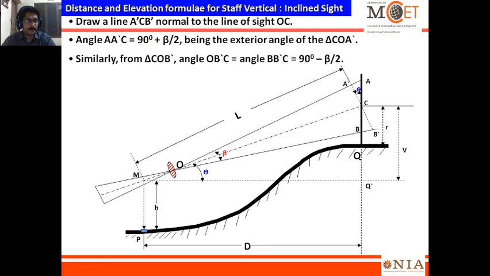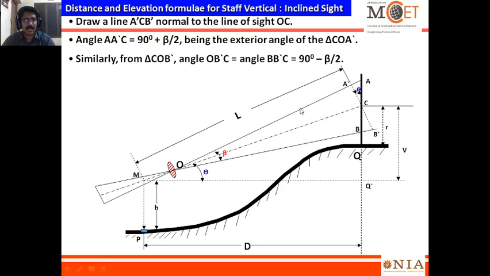And this also 90, so here again this becomes 90 plus beta by 2. Let's see how it is. So this angle becomes 90 degree minus beta by 2. So this also, let's see, being the exterior angle of the triangle COA dash, right?